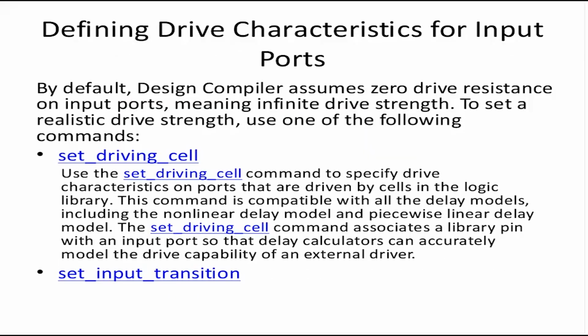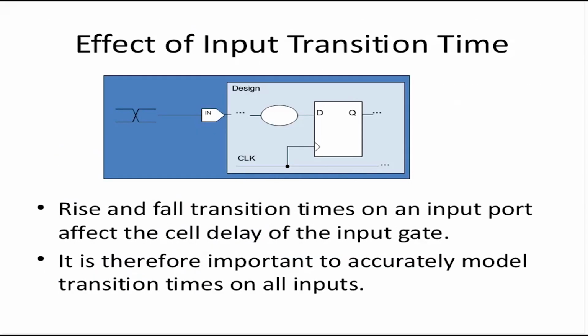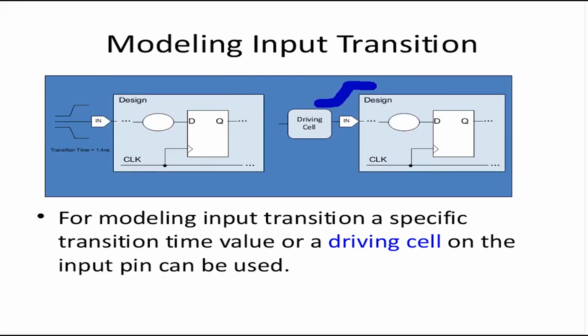This command is compatible with all delay models, including NLDM and piecewise linear delay model. It associates the library pin with an input port so that the delay calculators can accurately model the drive capability of an external driver. What we did here is tell DC that this particular type of cell, for example a buffer, drives my input.